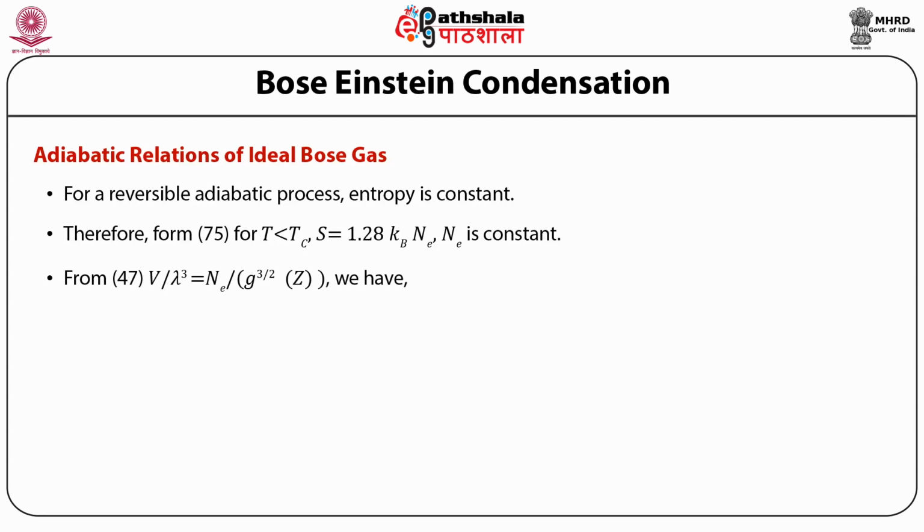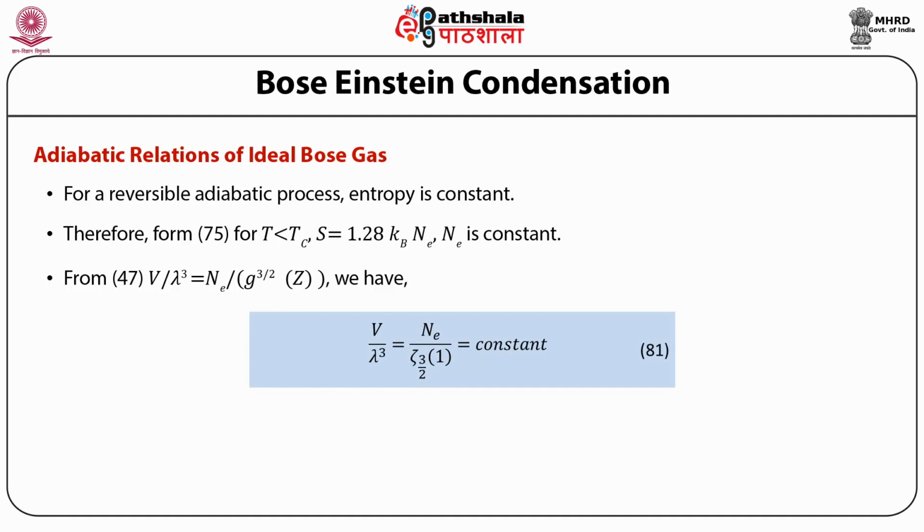From equation 47, V/lambda cube is equal to Ne divided by Bose integral of the order of 3/2, which is equal to Ne divided by Riemann zeta function of the order 3/2 at 1, which is equal to a constant, and hence V/T raised to the power minus 3/2 is equal to a constant.